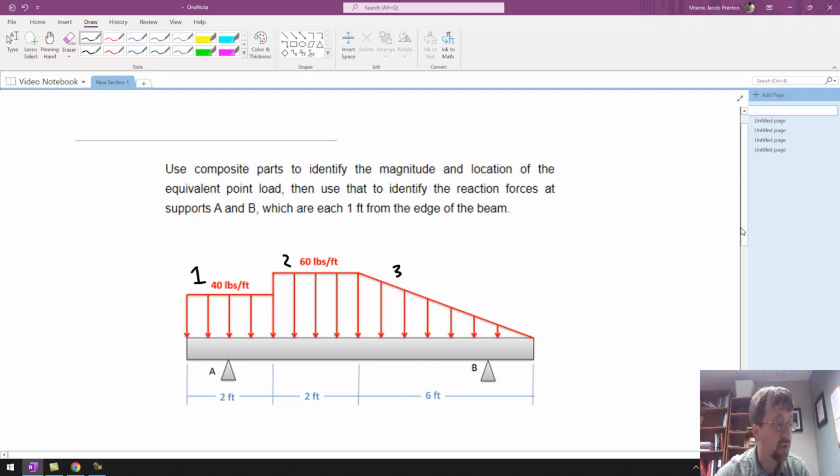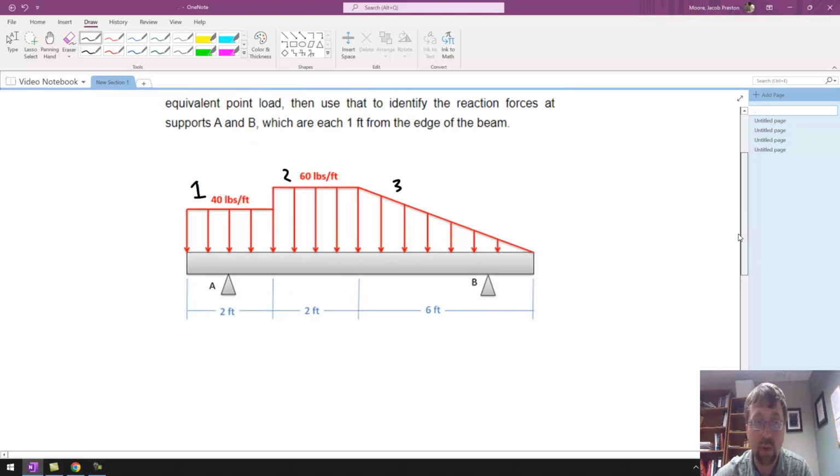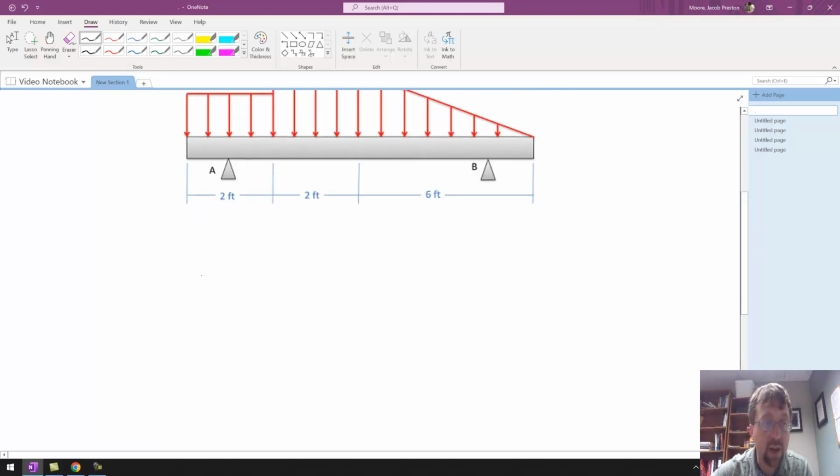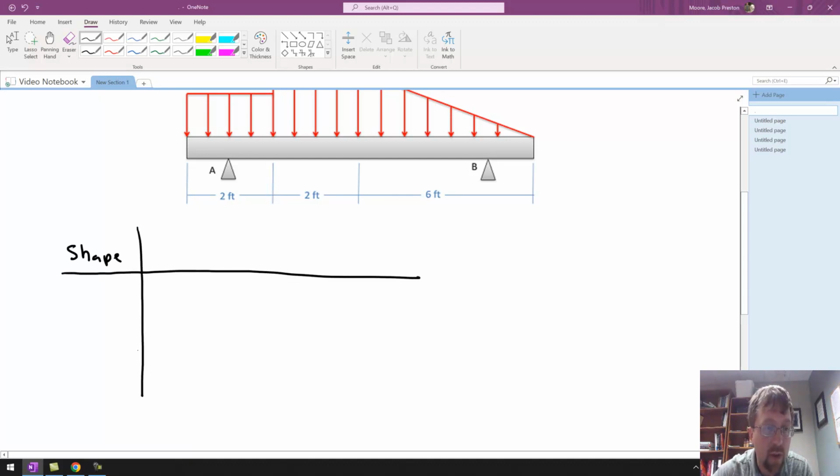So those are my 3 shapes, and I'm going to use those to find the magnitude and location of the equivalent point load. So moving down a little bit, I'm going to put together my table. So I've got shape over here, so shape 1, 2, and 3.